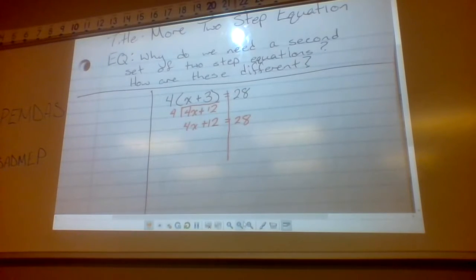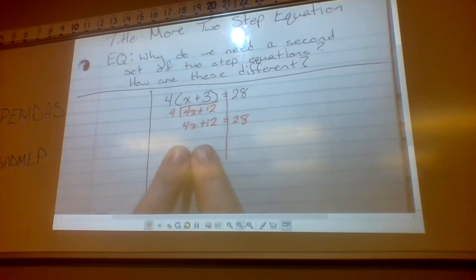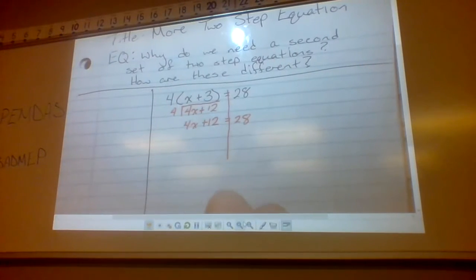Where's your variable? On the left side. So let's look on the left. What operations do you see? Addition and multiplication. Are we using PEMDAS or SADMAP? SADMAP. Why SADMAP? Because it has a variable. So should we look at the multiplication first or the addition first? Addition. What's the inverse of addition?